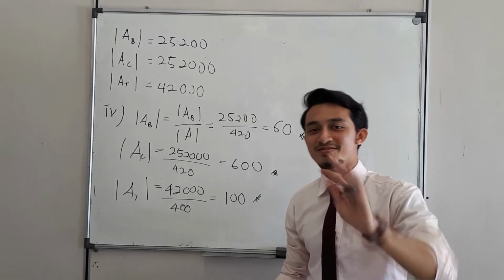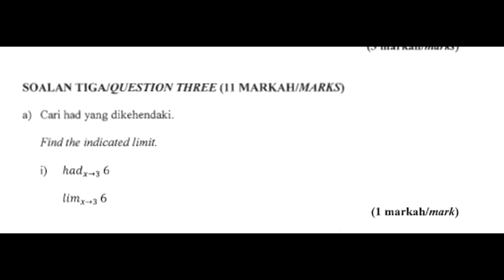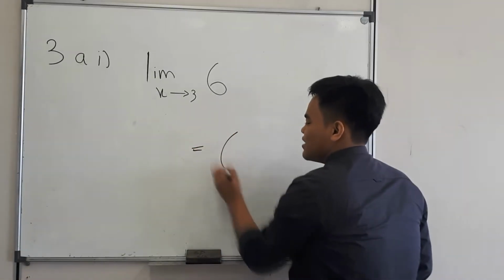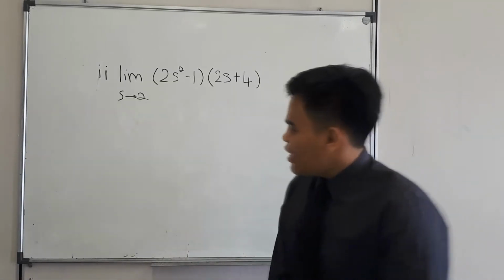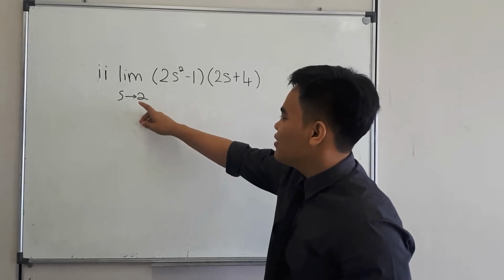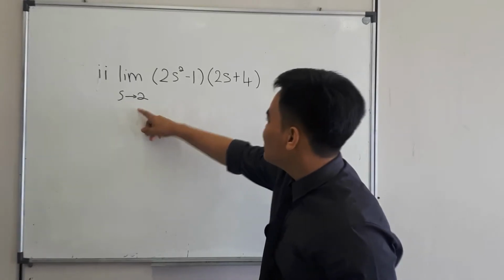Thank you. 3A1. Okay, this question is the limit of 6x as x approaches 3. The answer is C. Because, okay, we start with this. Let me do it. For this question, just put this into the question.